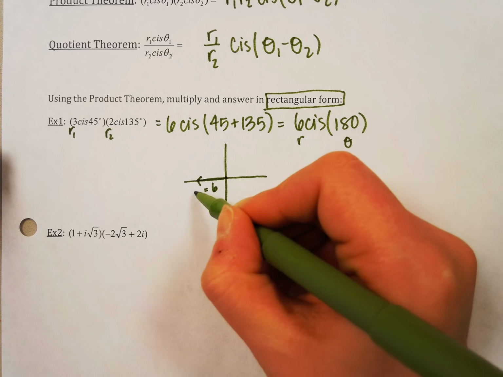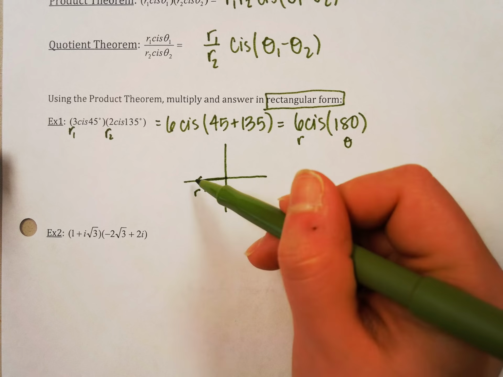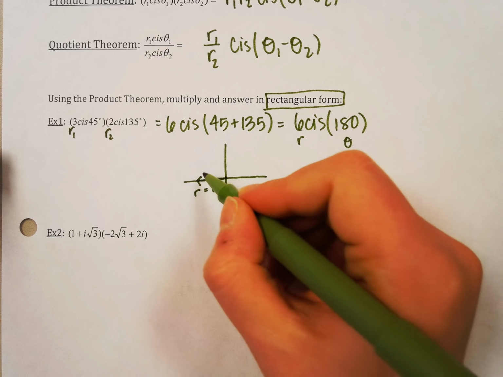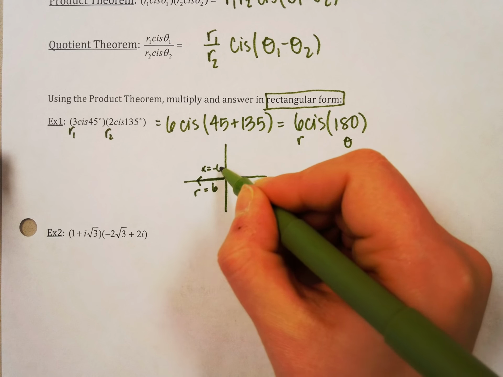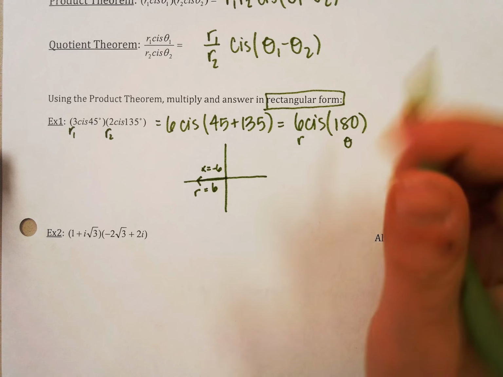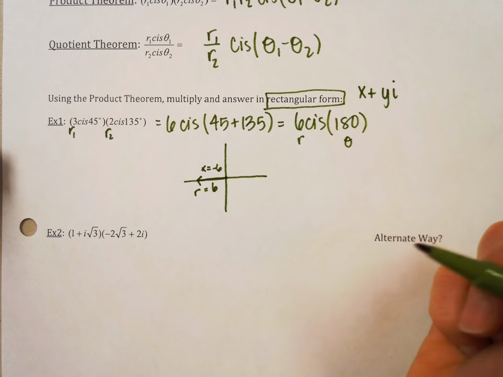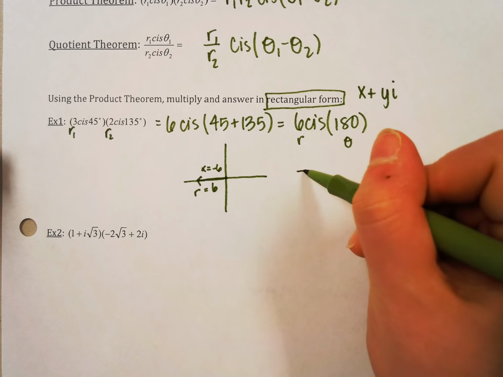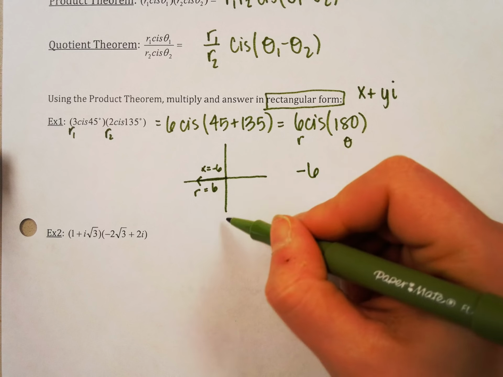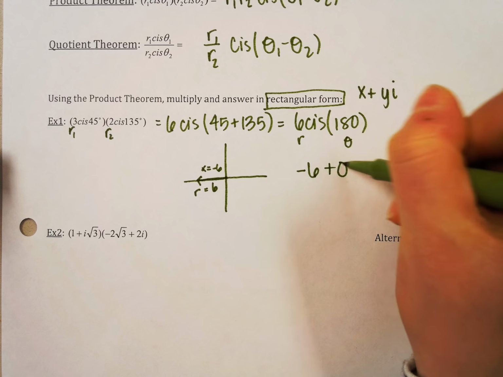That would be r. But be careful, because going 6 at 180 degrees means that our x value is actually -6. In rectangular form, x plus yi, this x value is going to be -6. And we don't have any y component because we're not going up or down, we're just on our axis. So this would be 0i.